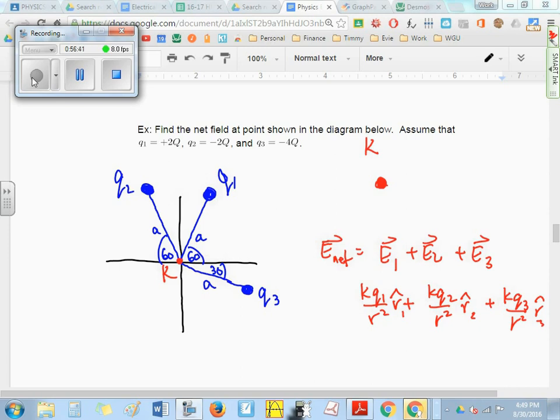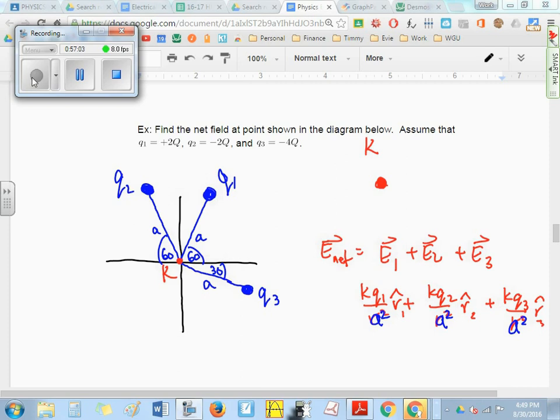So unfortunately, they are different unit vectors. Okay, so the good thing about this problem is that the A's are all the same. Those are the distances to the center. So I'm going to change the bottom of each to A squared, A squared, A squared. And there's a K and there's an A squared in every possible term. So I might be able to factor that out later. But the Q1, the R1, the Q2, the R2, the Q3, the R3, those are different. All right, let's put those in now.